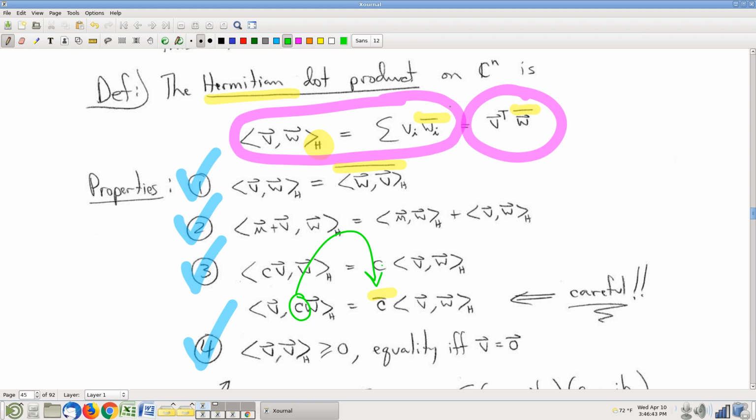Think about what would happen if you apply this Hermitian dot product to a couple of vectors in Rn. If you take a couple of vectors whose coordinates are all real numbers, the conjugating doesn't do anything. And this is exactly our old formula for the dot product from Math 212.